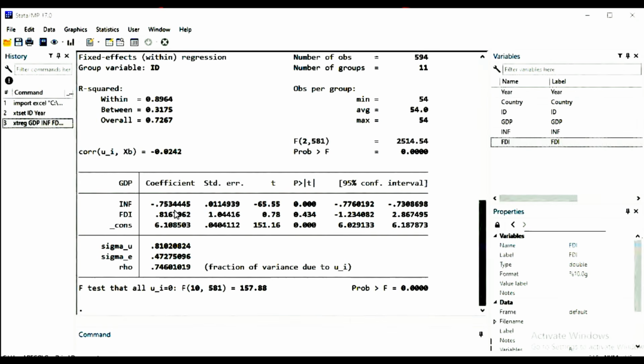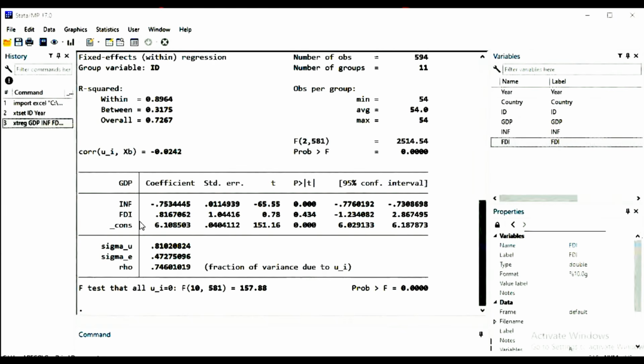Holding FDI constant, a 1% increase in inflation leads to a decrease of about 0.75% in GDP within a country over time. Since the probability value is less than 0.05, this effect is statistically significant.